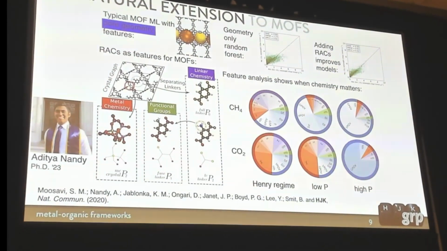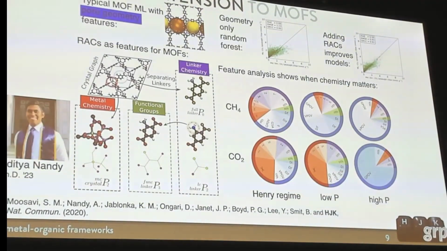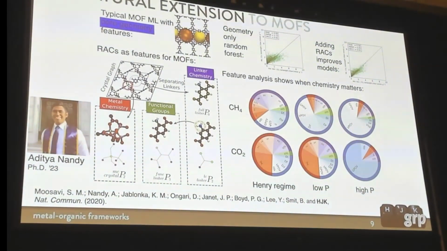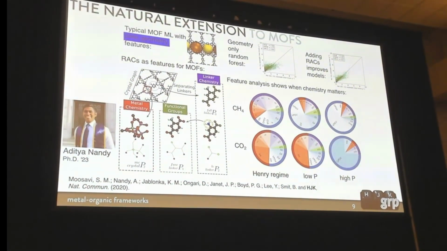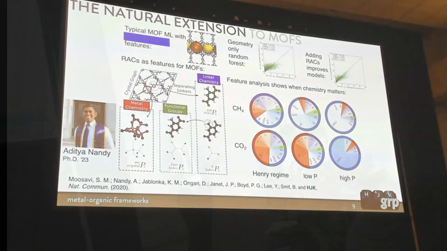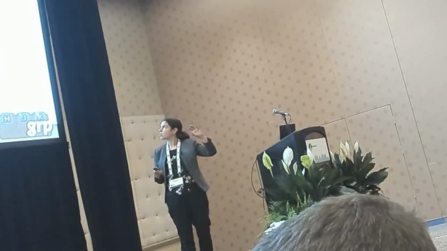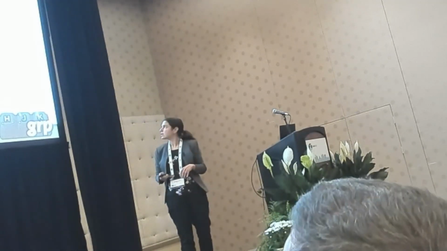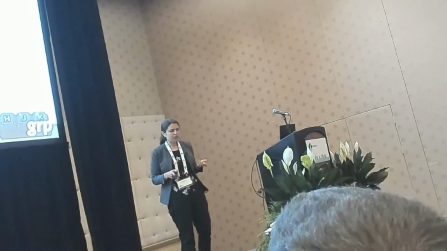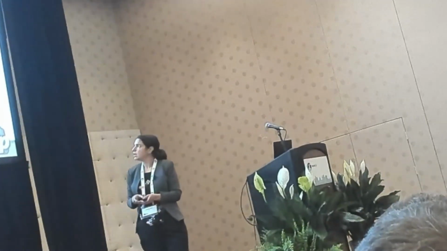If we go to high pressure, the blue part, which is core geometry, really takes over for CO2 and methane, and metal chemistry is really dominating only for CO2, more so than methane. The theory is that CO2 is a more directional molecule than methane, so it should be important, but our conclusions really depend on where we get the data from.